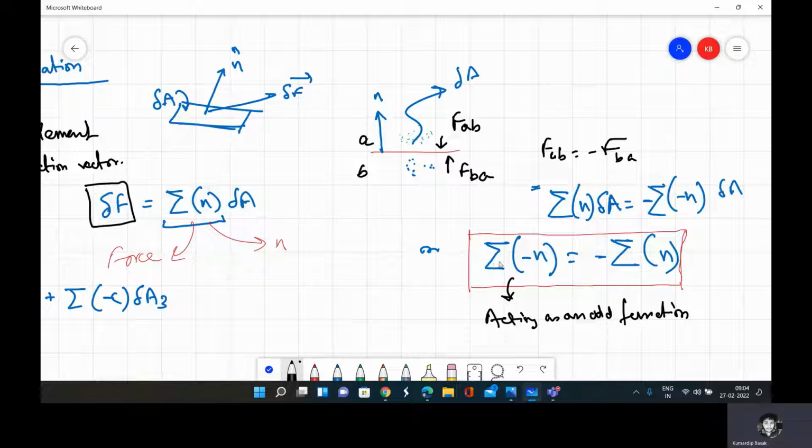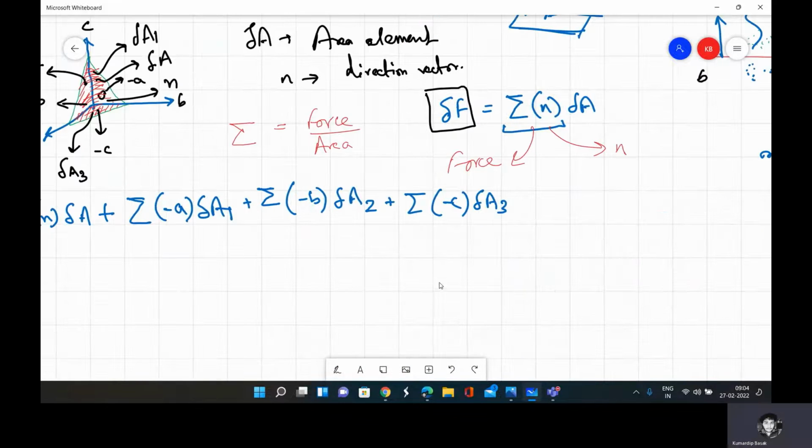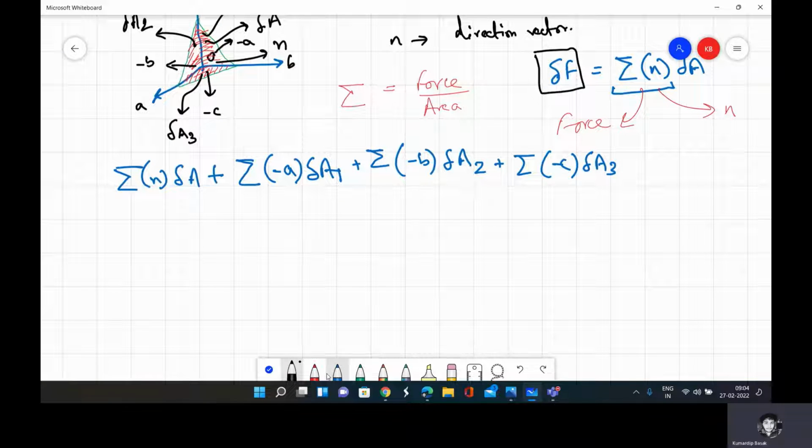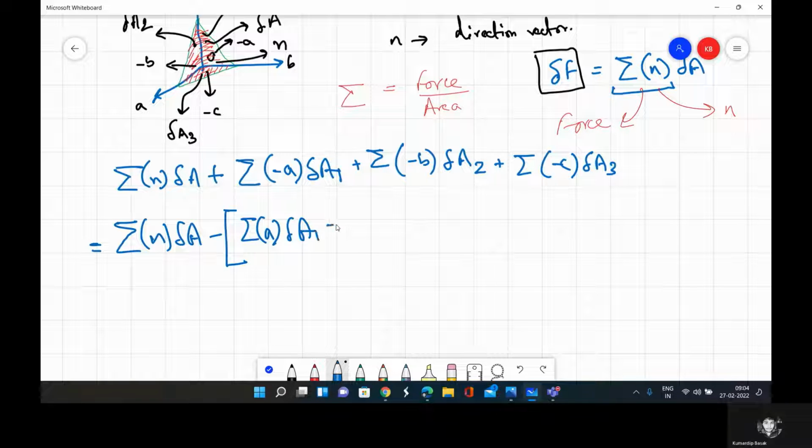So we now apply this expression into our previously derived expression. What can we get? This quantity remains intact. Now for each of the quantities, one minus is coming and we just take it as common.